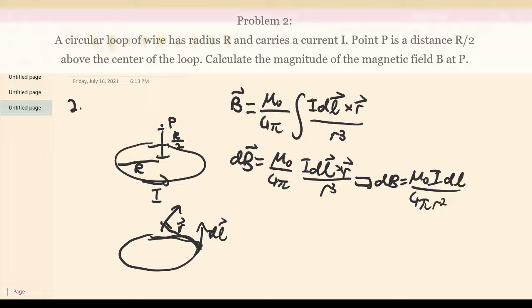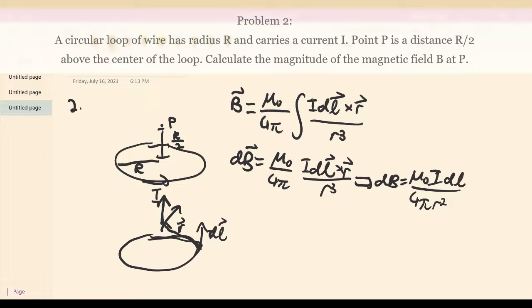Since we have to take this for every single point on the loop and add them all together, we can see that most of the components just cancel out. In the end, they just add together to form this, so the direction is upwards. We add all of these dBs together, but we only want the component that goes up, because all the others get canceled out.